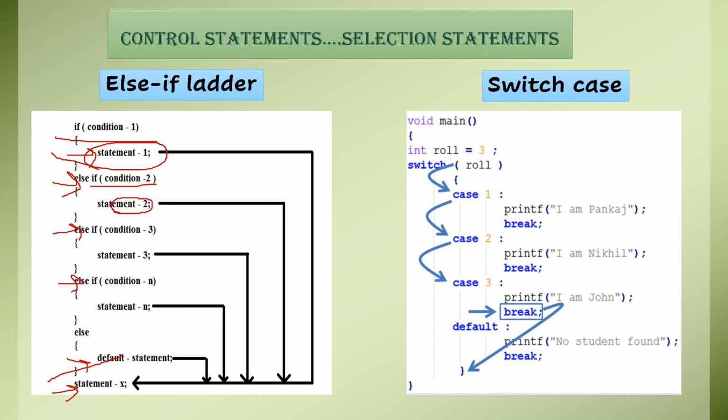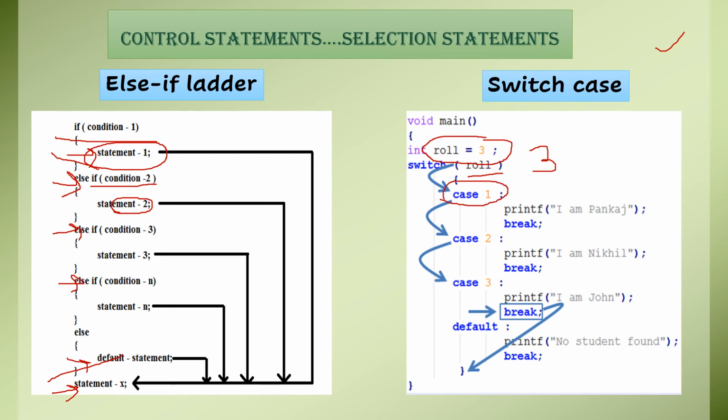Like in this case, switch case and else if ladder are very much the same. In switch case, if I'm writing roll number is equal to 3 and we are checking roll 3. Now 3 is here in roll. Then the control will check case 1.